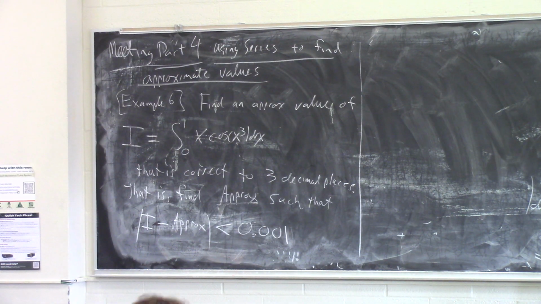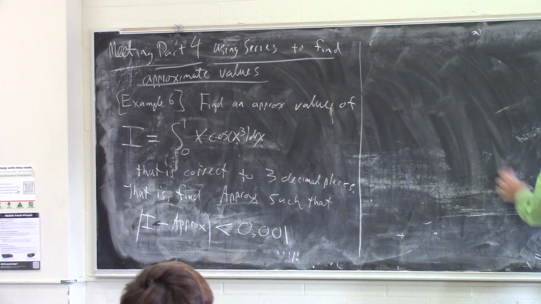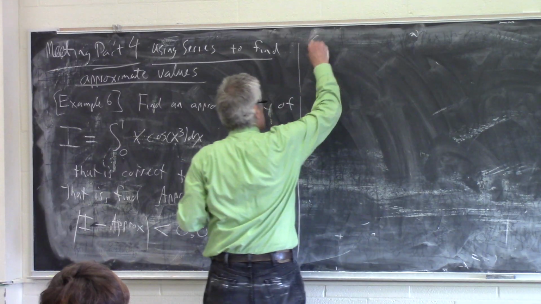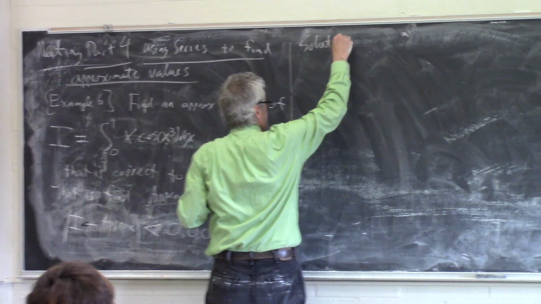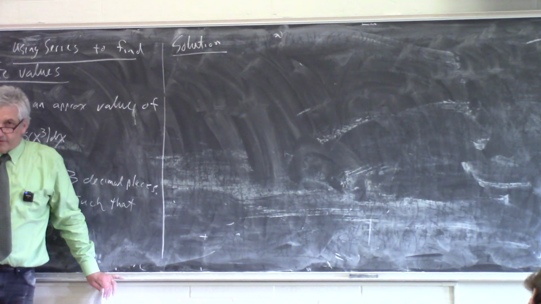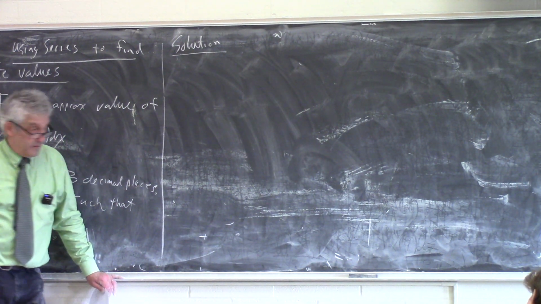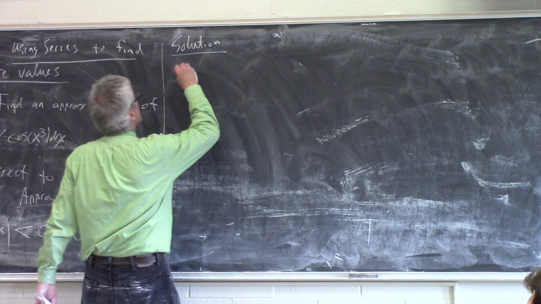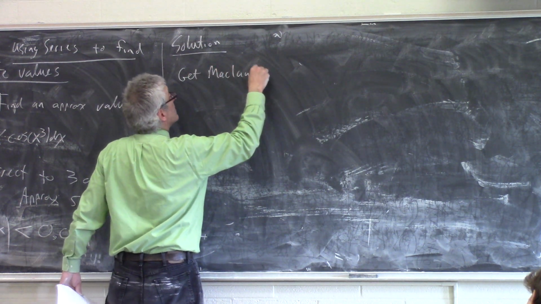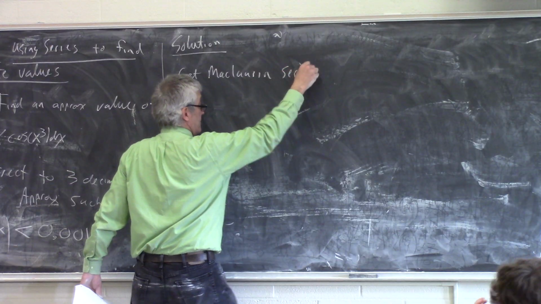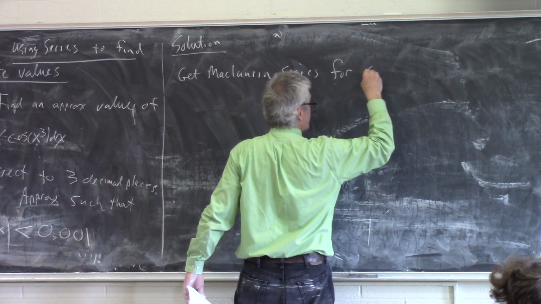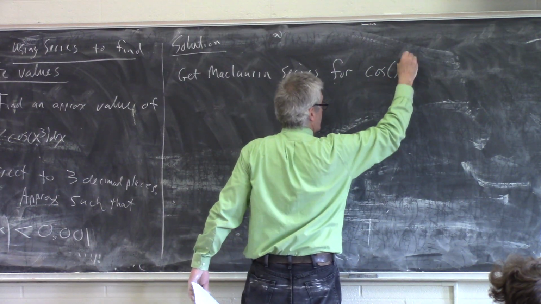I'm not going to go over to the sideboard just yet. Now I'm going to write headings down, but I'm going to skimp on some of the details. So the first thing I'm going to do is get a Maclaurin series for cosine of x cubed.